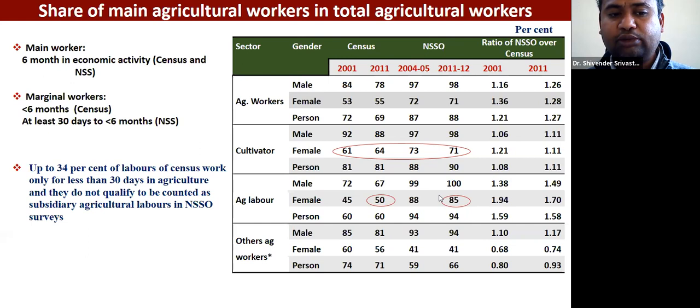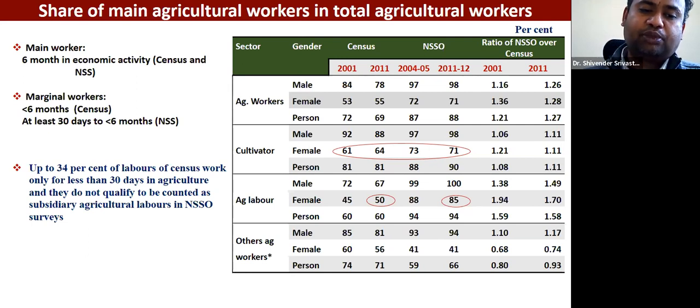From this difference, we can see that up to 34% of laborers are counted as marginal workers in the census, although they worked less than 30 days in a year. That's why the census counts them as marginal workers, the number of laborers increases, and the level of worker estimates increases. But NSSO does not count those as subsidiary activity workers or marginal workers.